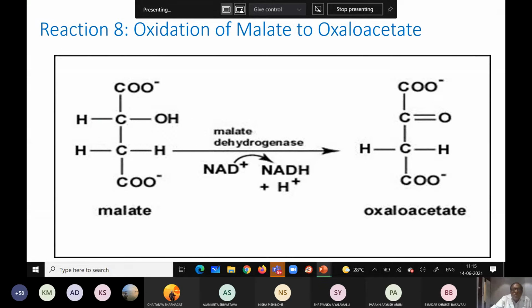So just if you see this, from malate oxaloacetate will be formed.